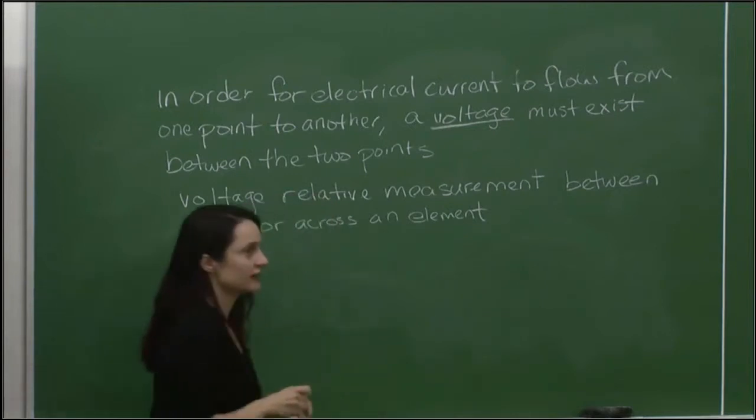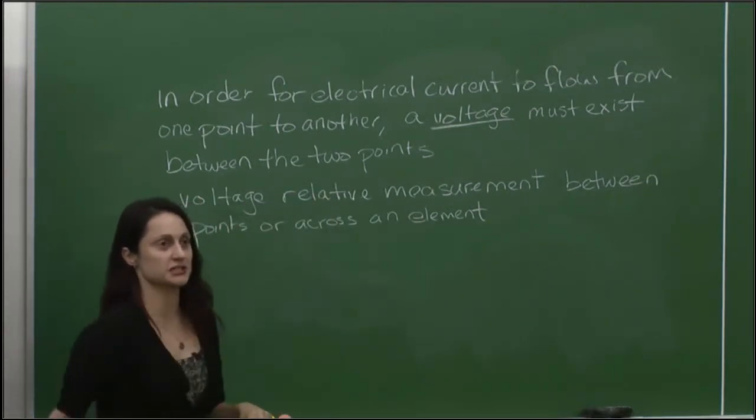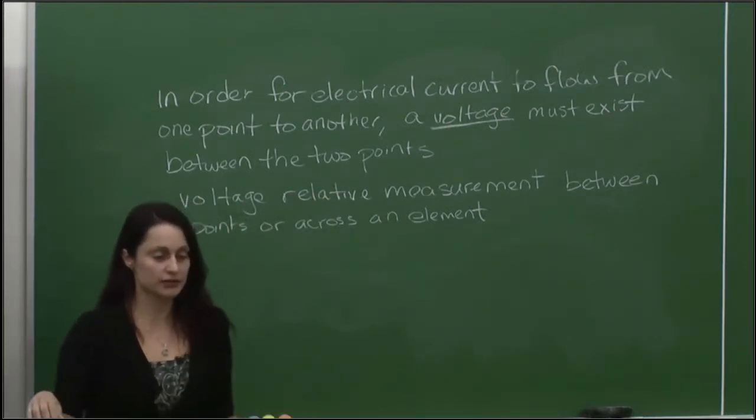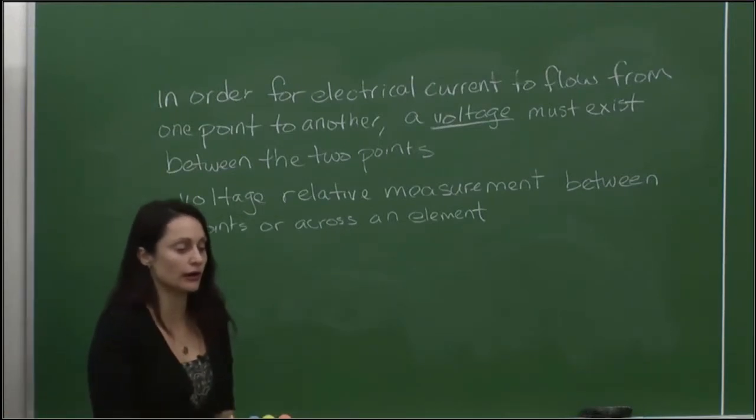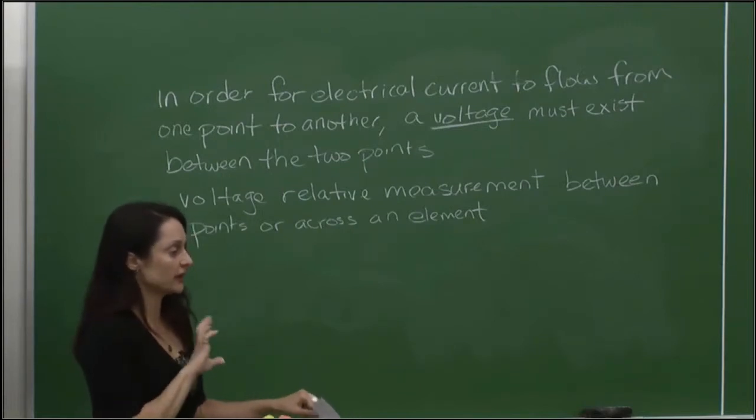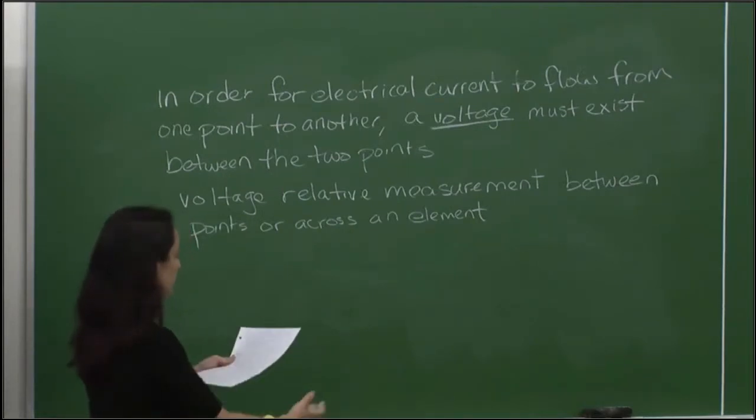You should never say, in this circuit, at point A, the voltage is 10 volts. No. The voltage at A relative to either ground or across the element on the other side of A could be 10 volts.